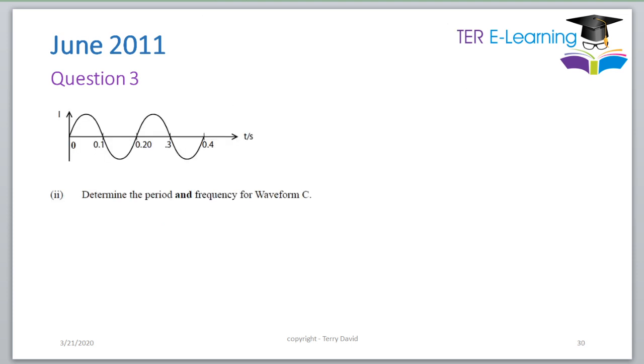So the last part now, they want us to calculate the period and the frequency of the waveform. Period is the time for one oscillation. So I want somebody to tell me what is the period of this oscillation.